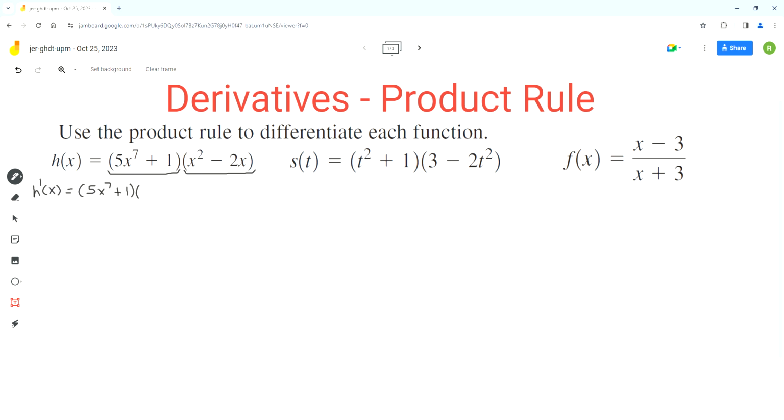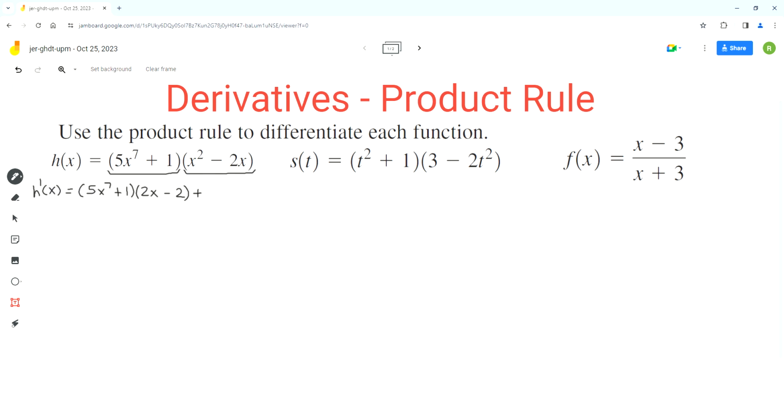The derivative of x squared is 2x using the power rule, and then the derivative of 2x is just 2. So this is as per the constant multiple rule and power rule.